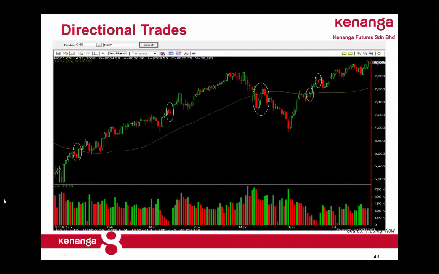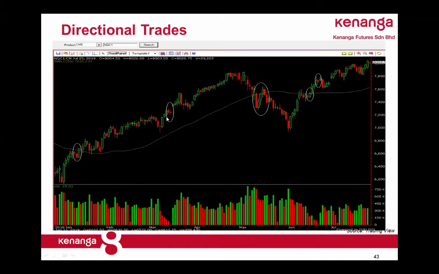So basically, what this strategy does is we will buy when we see the signal cross the 50-day moving average. Let's say, for example, this bar here: if the bar crosses above the 50 MA, basically we will buy at opening on the next day in this bar.